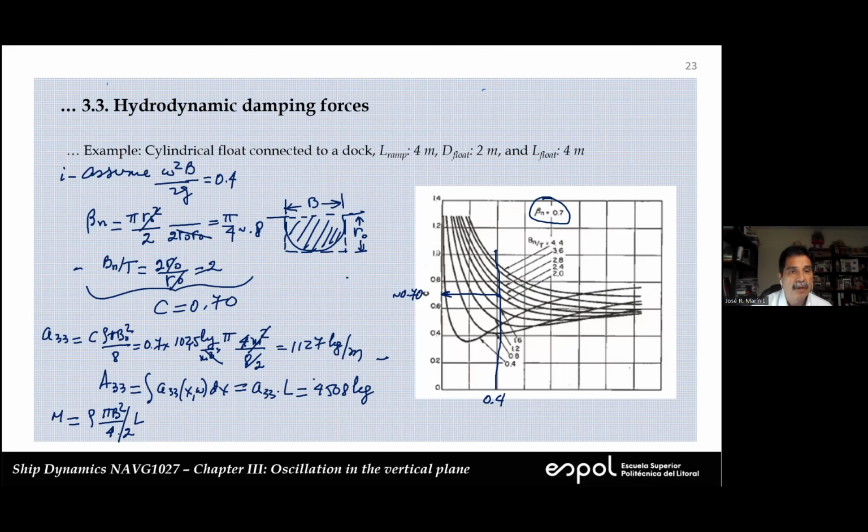So b squared over 4, that's the area of the full circle. If you divide it by 2, that's half. Times length and rho. So that's the mass of the float. You believe in me, that's going to be 6440 kilograms.